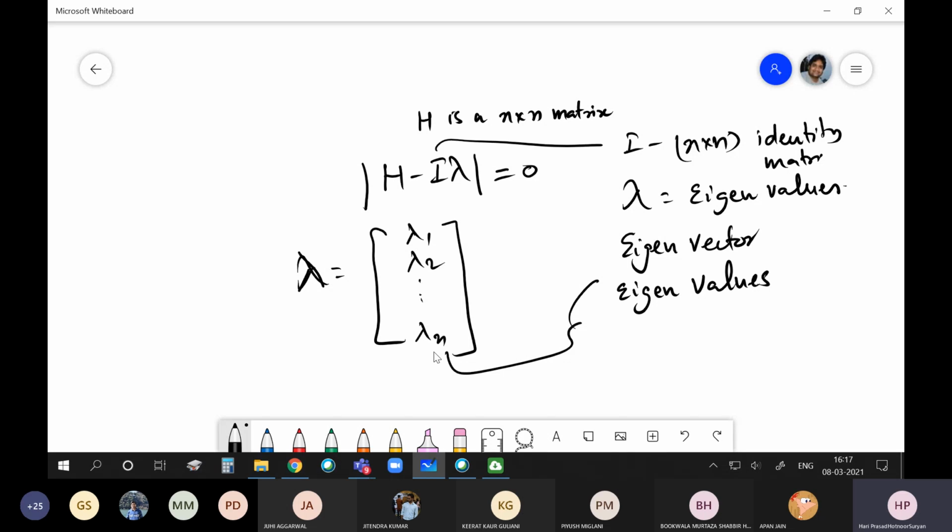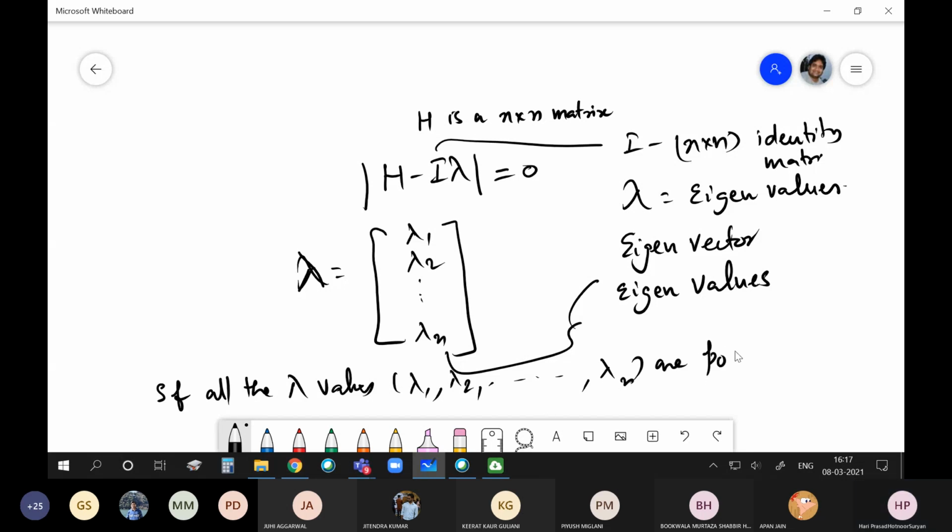If all the lambda values, lambda 1, lambda 2, lambda n, are positive, then H is positive definite. Let me write it.